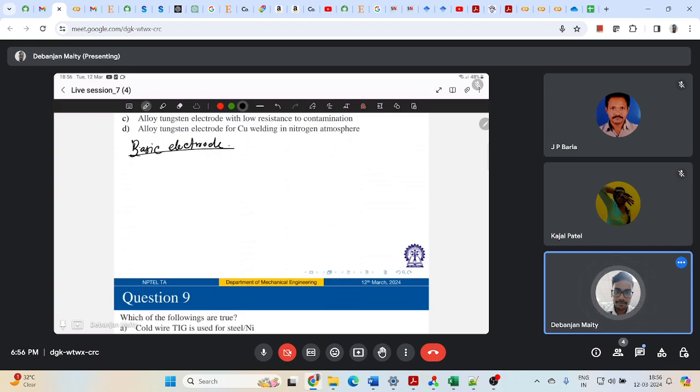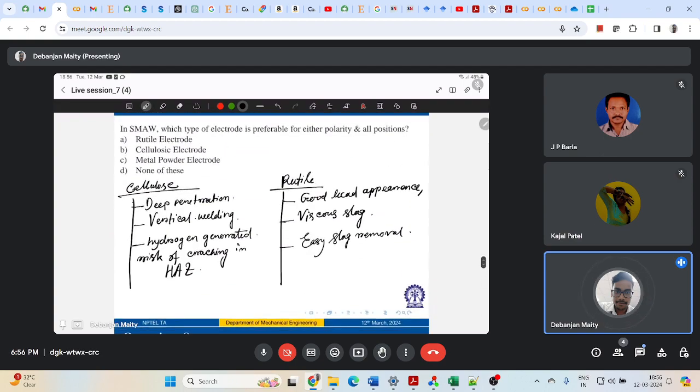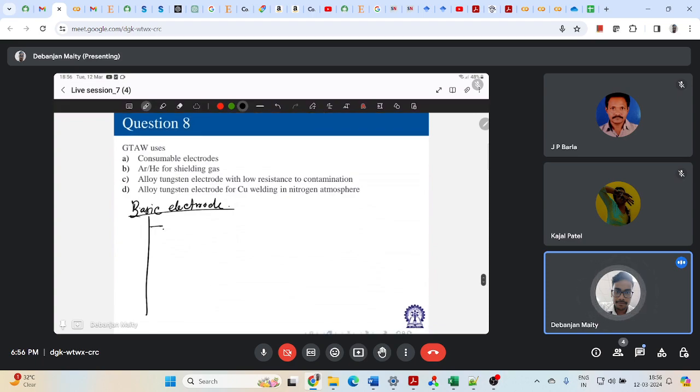What are some of the characteristics of the basic electrode? Maybe we can refer to it as the limestone electrode also, because we also call it a low hydrogen electrode.